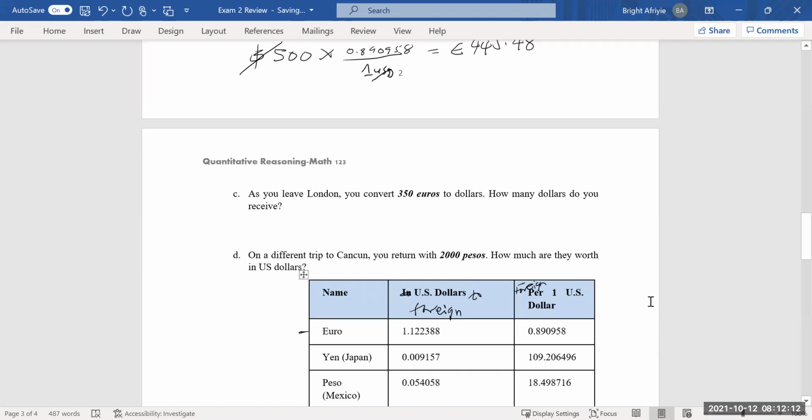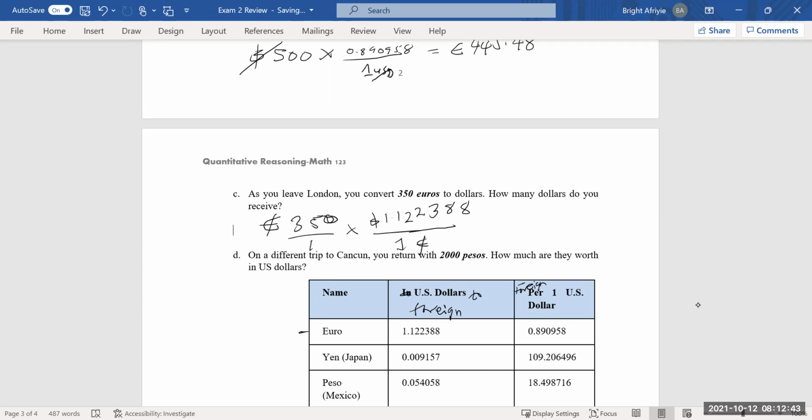Nice. Now, when you were leaving London, you have 350 euros, and you want to change the euros into dollars. So this time you use the other identity ratio. You have one USD here, 1.1222388, and that is USD, and then 1 euro.